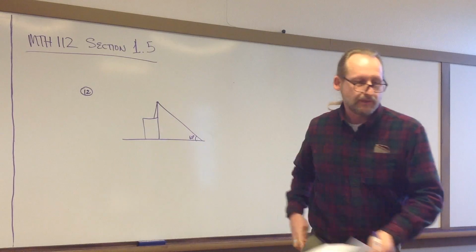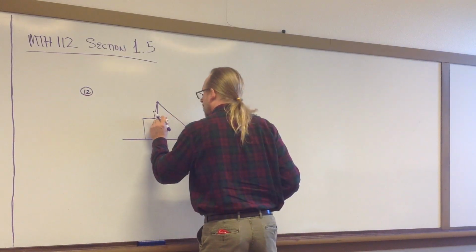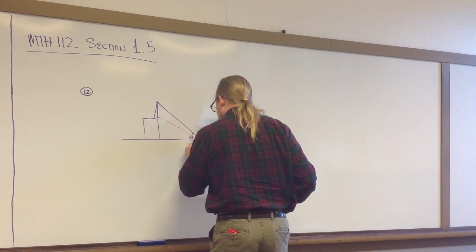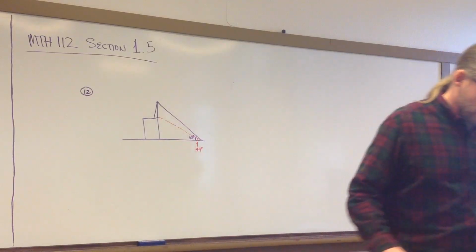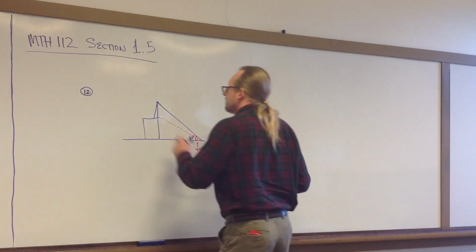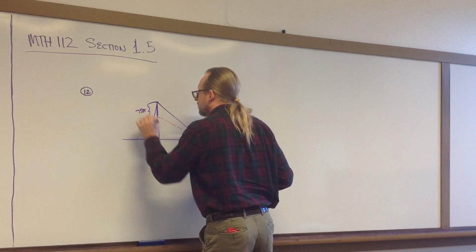Point on the ground in front of the building, the angle of elevation to the top of the tower is 62 degrees. So there's 62 degrees. And the angle of elevation to the bottom of the tower is 44 degrees. Let's see, I'll use a different colored pen there. So that angle in there, I believe it was, what, 44 degrees? Yeah. Okay, and we know that this distance right there is 75 feet.